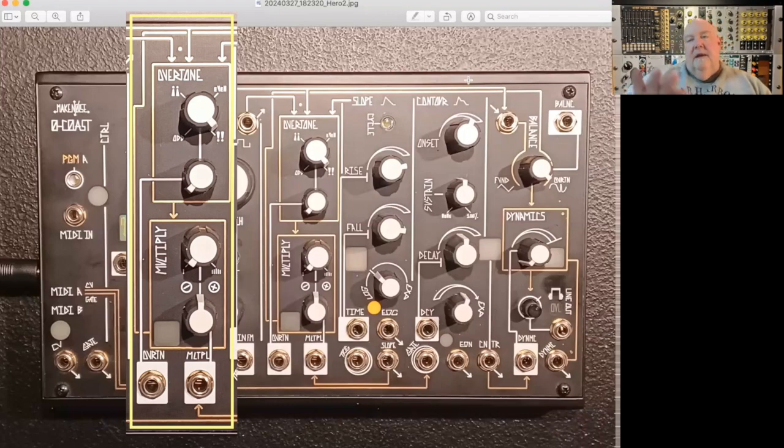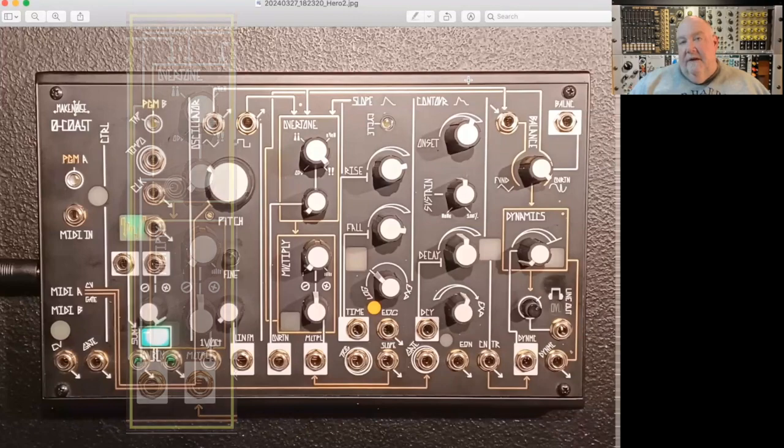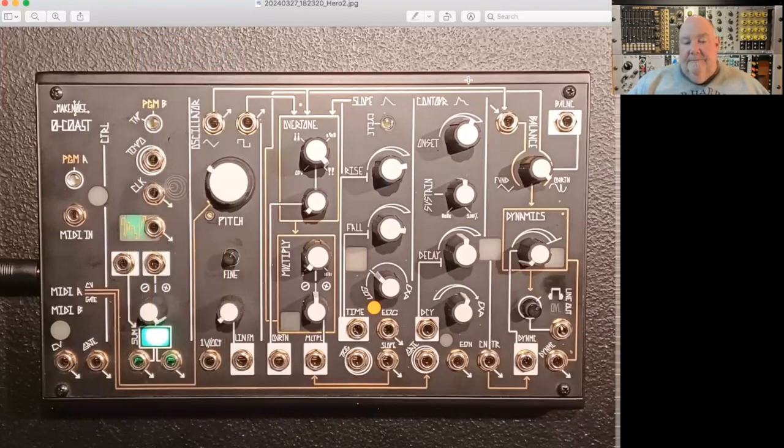And again, an attenuverter, when turned to the right or clockwise, will make your signal stronger, give you a positive amount of that input. And if you turn it counterclockwise from 12 o'clock, you will get a negative signal. So you will have it subtract or take away from wherever the position of the multiply knob is.